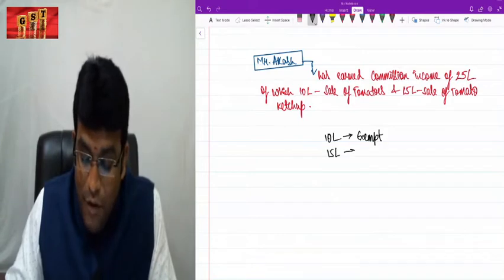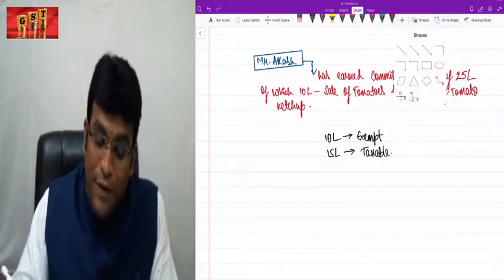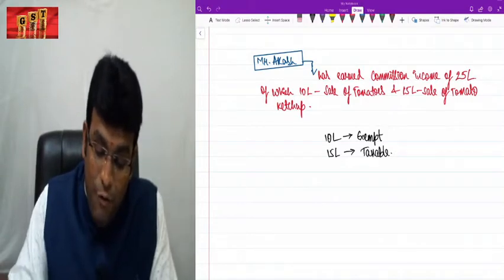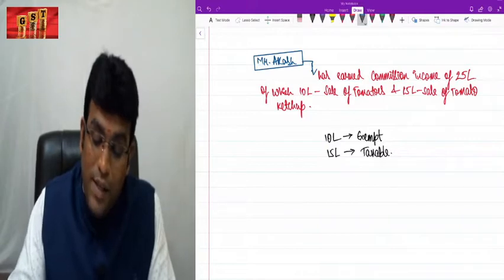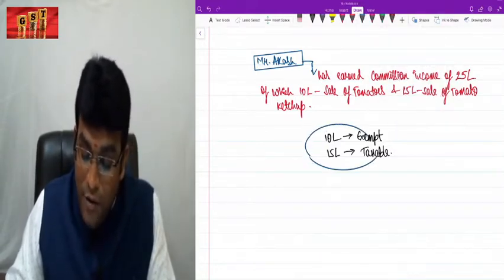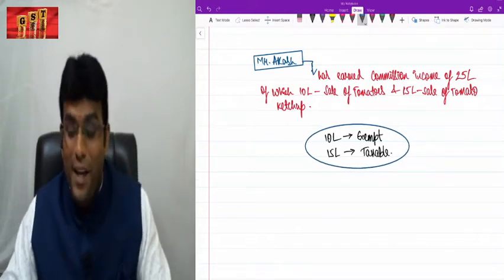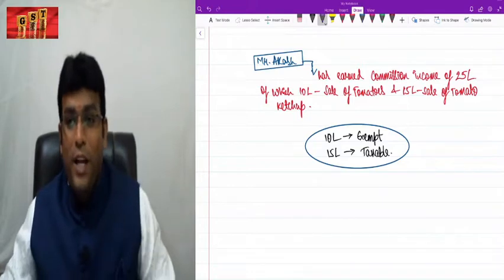But when I talk about the 15 lakhs, it becomes taxable for a simple fact and reason that tomato is an agricultural product, whereas tomato ketchup is not an agricultural product. I repeat one more time, friends.